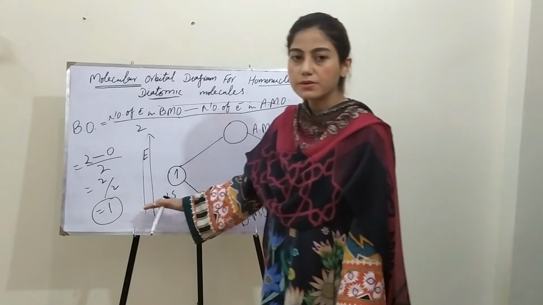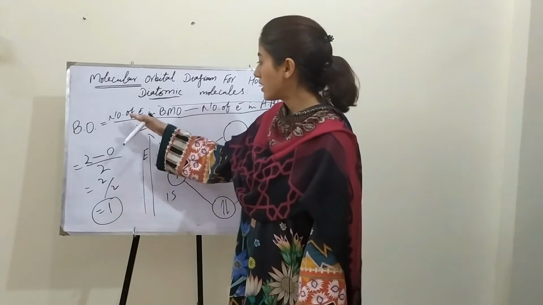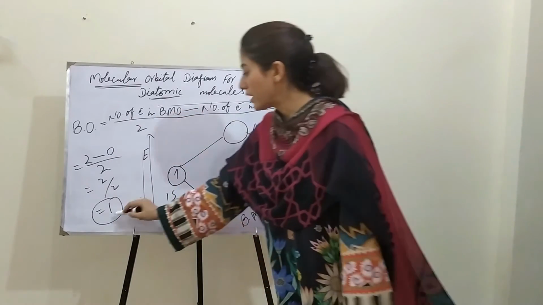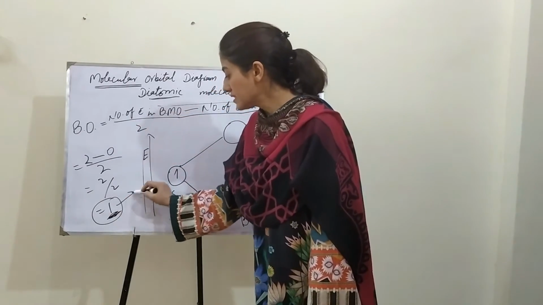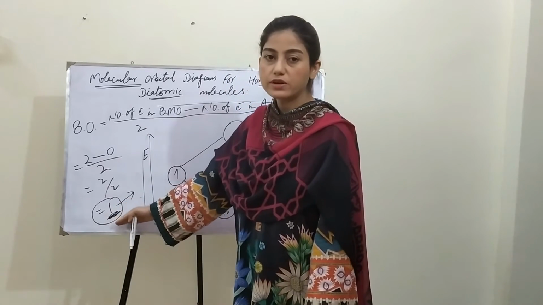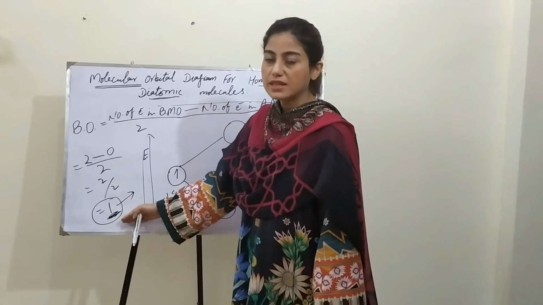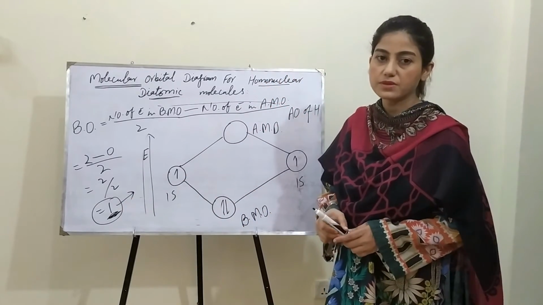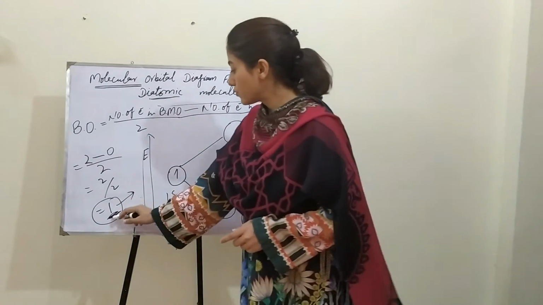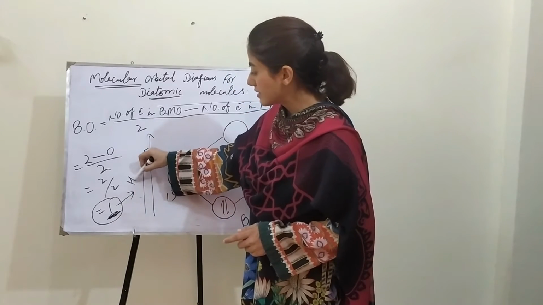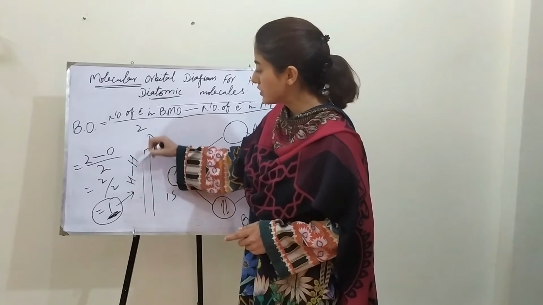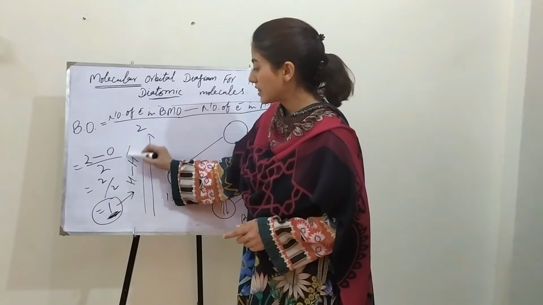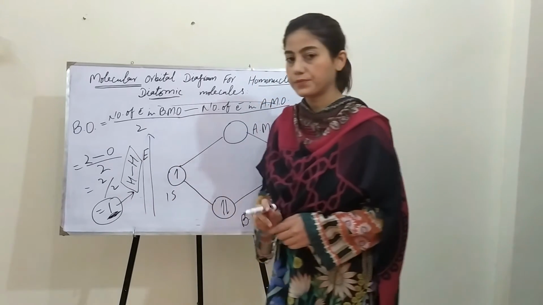So the value of bond order for hydrogen molecule is 1. That means the value of bond order determines the number of bonds between two atoms. As it is 1, it indicates that there is only one bond in the hydrogen molecule.